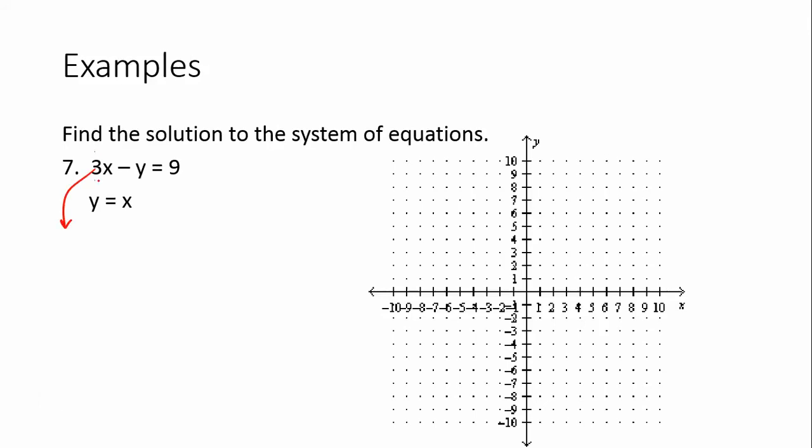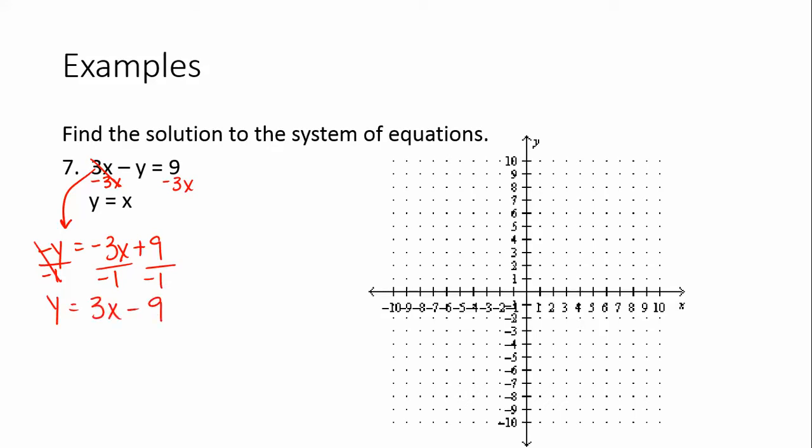And I'm going to start by subtracting 3x from both sides. So when I do that at the bottom, I'm going to have negative y equals negative 3x plus 9. And I get rid of my negative 1 in front of the y by dividing everything by negative 1 or multiplying by negative 1. It does the same thing. But that gives me y equals 3x minus 9.